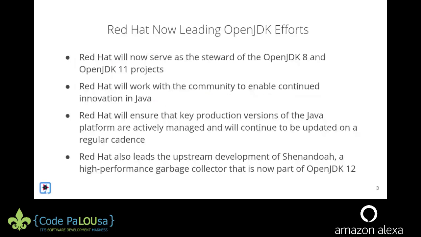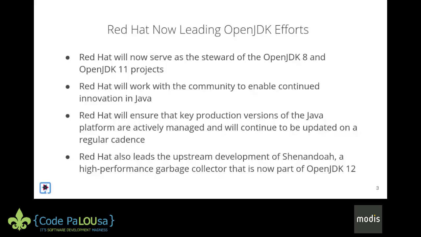Let me start off by first saying that if you're not aware, Red Hat has been a supporter of the Java community for some time now. And because of our dedication to OpenJDK, we've recently begun to serve as a steward, I guess we should say, for the OpenJDK 8 and OpenJDK 11 projects, and I anticipate, as OpenJDK continues down the path, that we'll continue to be the stewards of those particular projects.